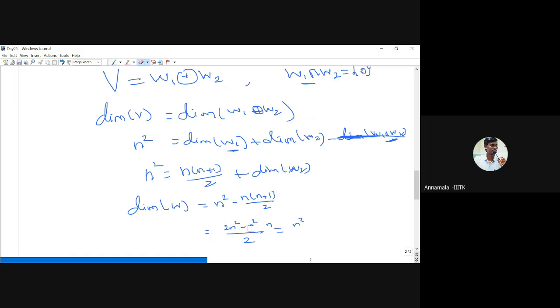So, we get n square minus n by 2. We can take n outside. We get n into n minus 1 by 2. So this is the dimension of the set of all skew symmetric matrices. Okay. So this is also very important. Sometimes they will ask what is the dimension of skew symmetric matrices. So n into n minus 1 by 2 is the dimension.